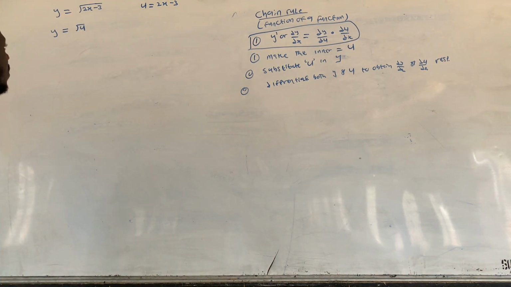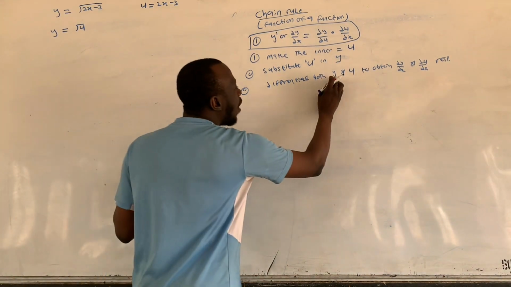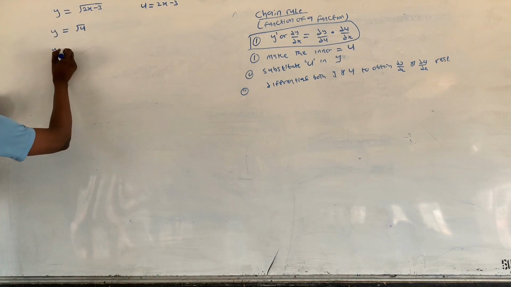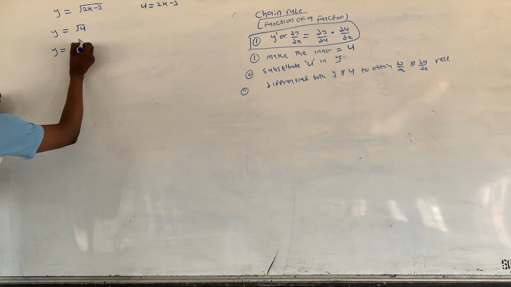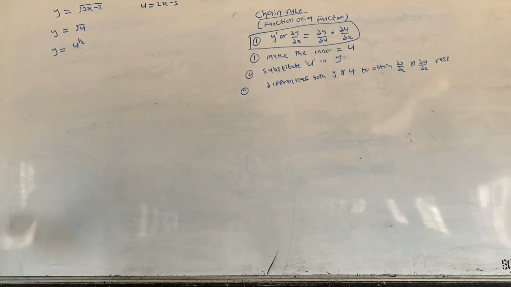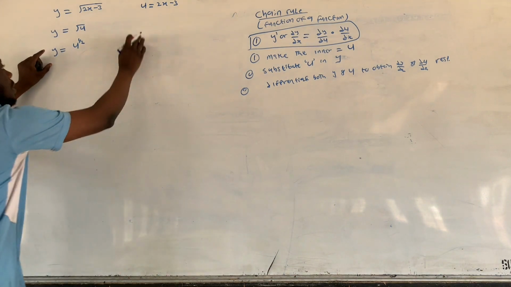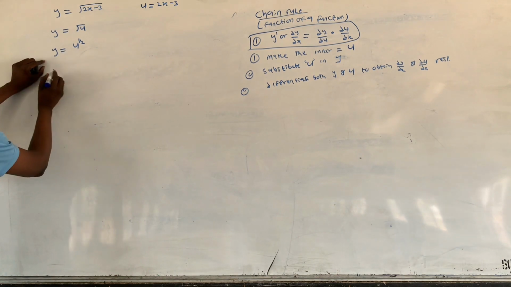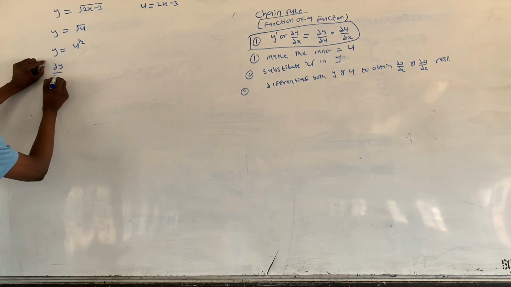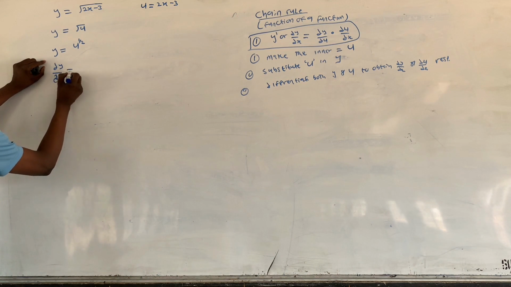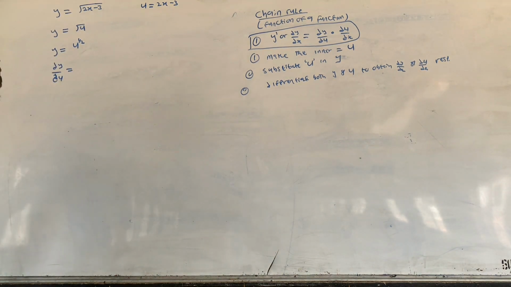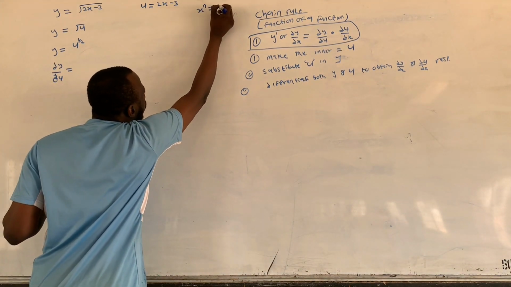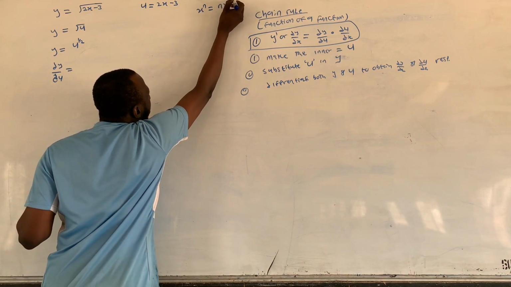Then the next step says we differentiate y and u. Remember that y equals u to the power of 1 over 2. So now we differentiate both y and u. Here y is against u, so we say dy over du. Remember, we use the formula that says the derivative of x to the power of n equals n x to the power of n minus 1.